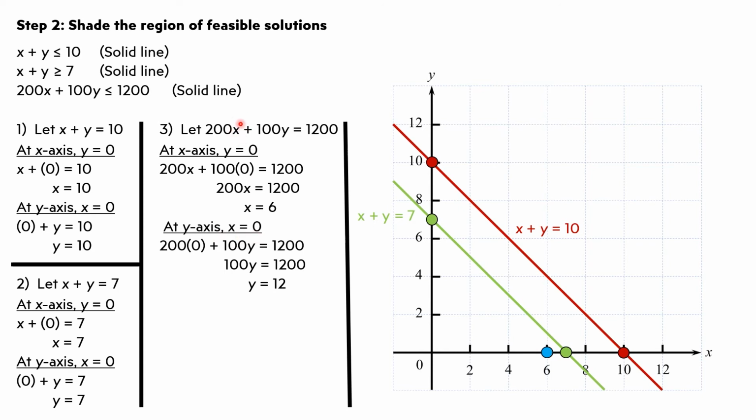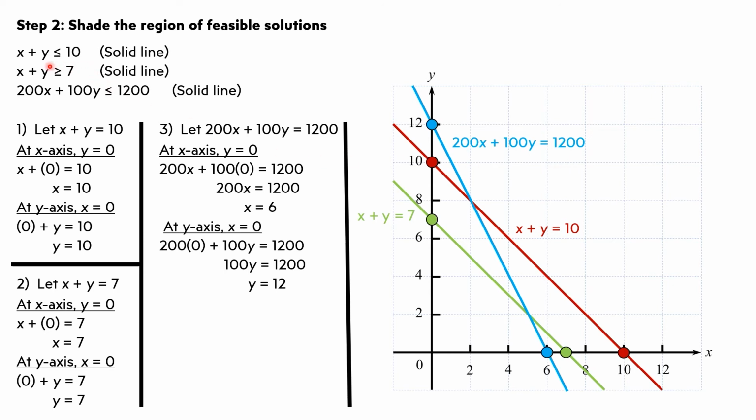Substituting into the equation, our y is 12. So here is another point. By connecting both points, we have the third equation, 200x plus 100y is equal to 1200.